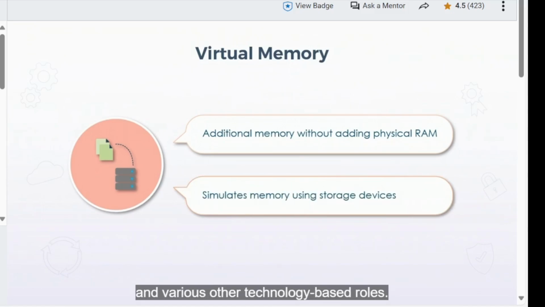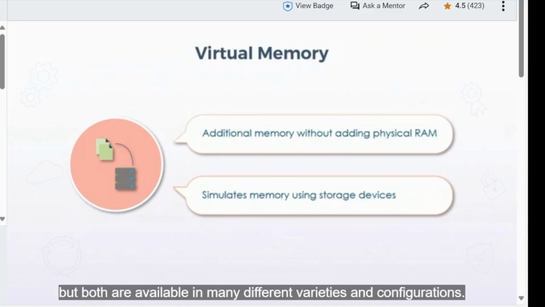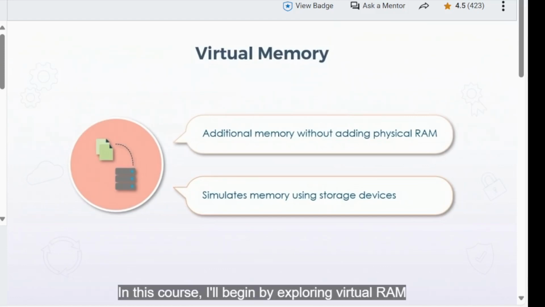But to just quickly address the term simulates in this graphic, that's kind of correct, yet incorrect at the same time. To clarify, the computer does have access to more memory than what is physically installed in terms of RAM, so it's real in that regard. But a computer's processor only ever works with data that is actually in memory at any given moment.